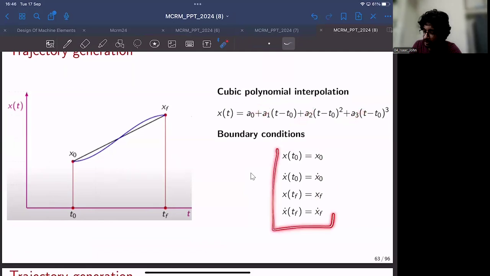Using these 4 boundary conditions, you will be able to solve for these 4 unknown coefficients. And with that, you will be able to locate any point as a function of time only.